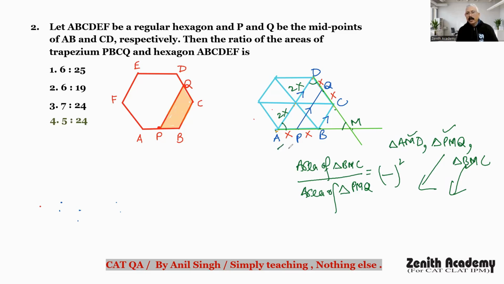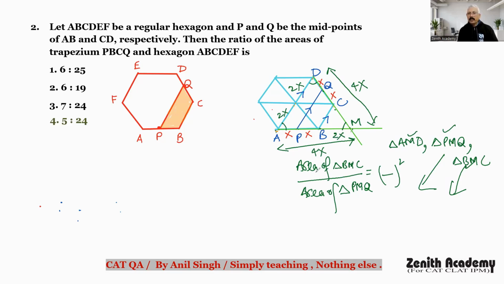It means AM and DM will also equal 4x, 4x. It is an equilateral triangle. So this biggest triangle AMD will also be an equilateral triangle with 4x sides. It is 4x and this 2x. So this BM is equal to 2x.